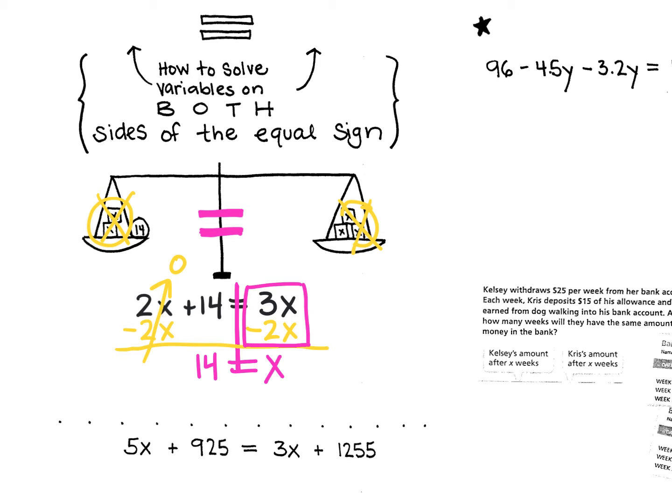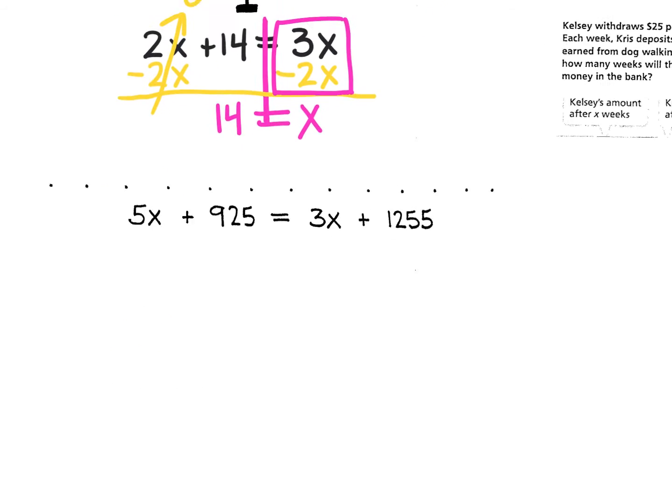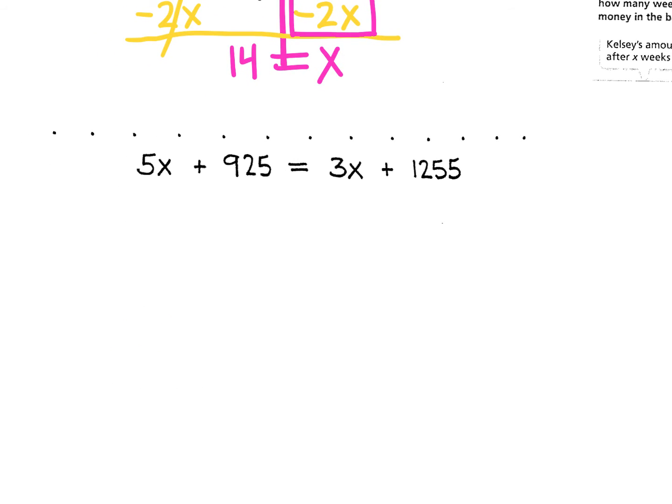So let's try this with this example I have written here. The very first thing that I'm going to do is draw this line on the equal sign to show that there's this wall here. So we can't combine like terms across the wall.